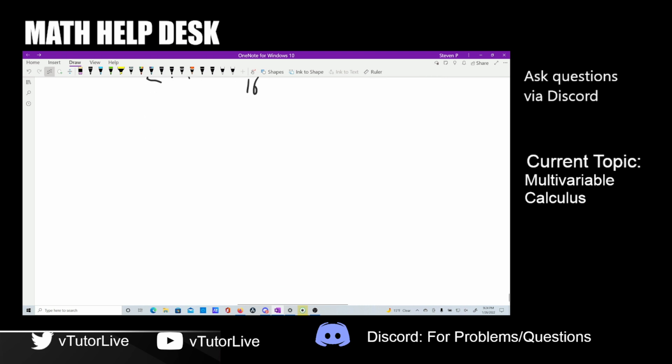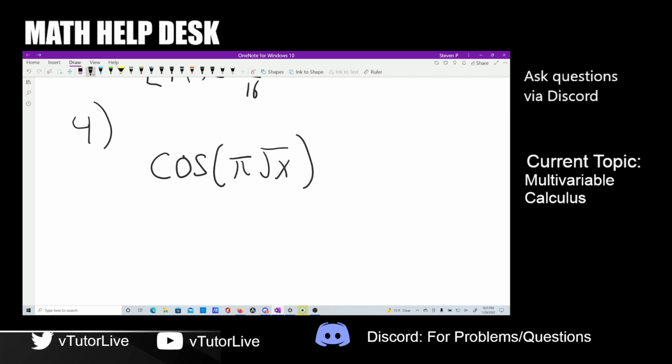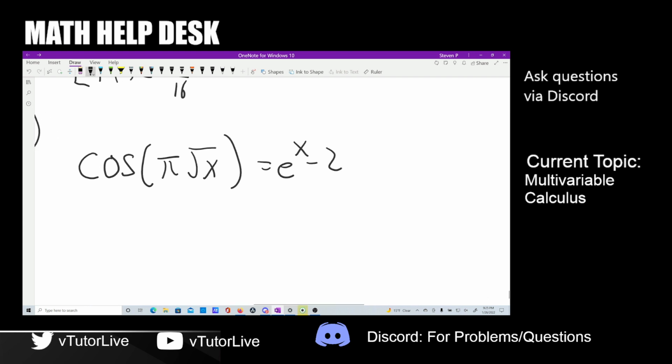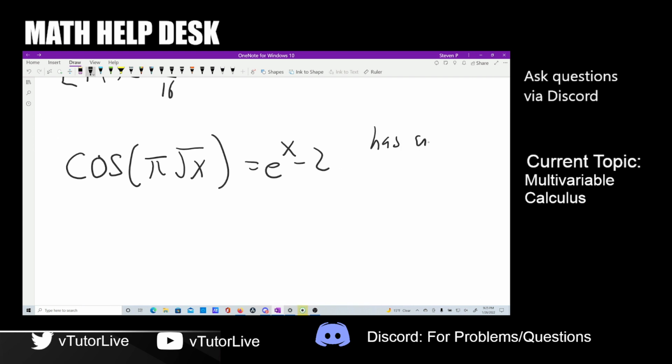I think that's problem 4, and we'll come back to any of the ones that we want to take a look at. But since a student asked me about that one in particular, and I think it's one of the trickier ones if you don't know exactly what the strategy is, the question is asking to show that cosine pi root x equals e to the x minus 2 has a root in the interval 0 to 1.